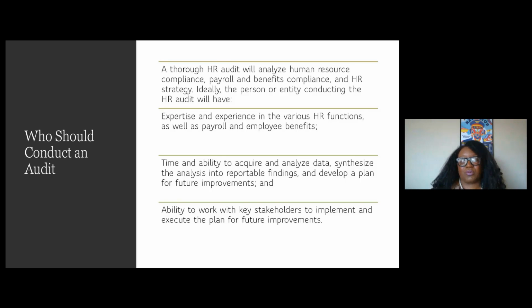So the ability to work with key stakeholders to implement and execute the plan for future improvements. Our second session today is with a district leader who's gone through a lot of this process. And I told you before, they were in a consent order for over 40 years with the DOJ. And the superintendent just really found the right person to lead the project.